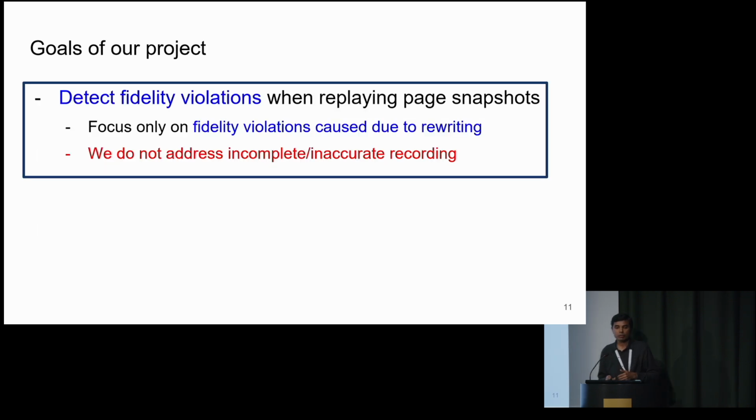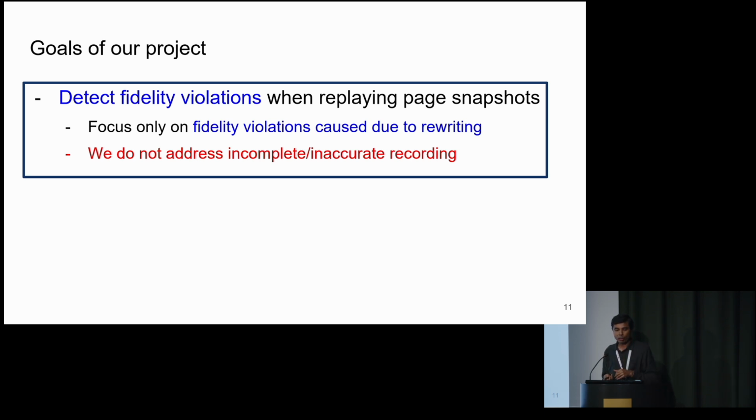Just to set the stage for what we are exactly trying to do: on the one hand, we are trying to develop automated mechanisms rather than requiring manual inspection. How do we automatically detect when these fidelity violations occur, particularly because of rewriting, not necessarily because of the capture, even if you have the perfect capture?